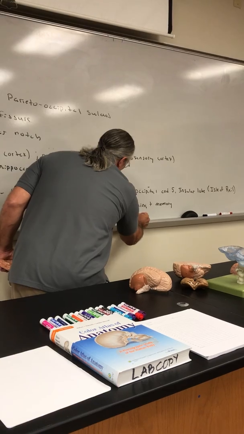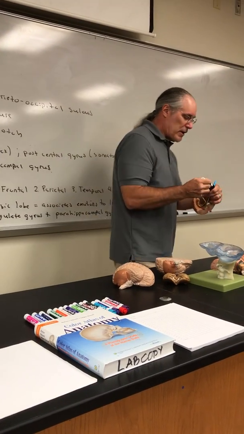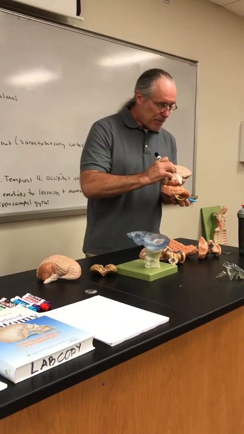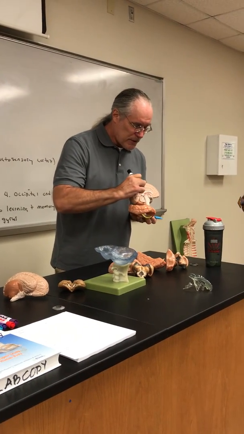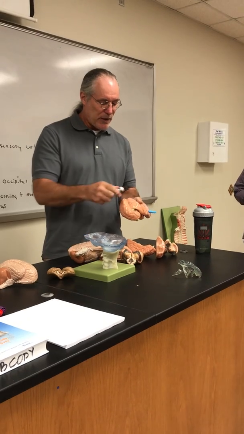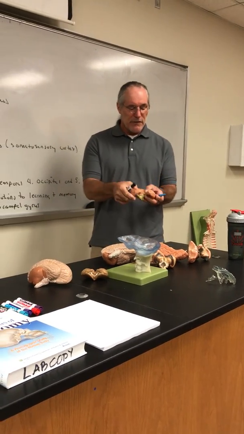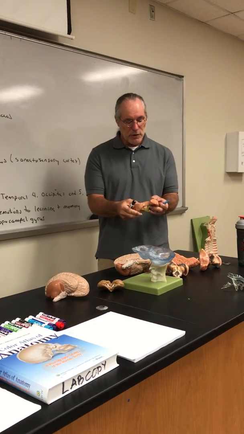Cingulate gyrus plus the parahippocampal gyrus forms the limbic lobe. Okay, so here's your cingulate gyrus up above the corpus callosum. This gyrus, along with the parahippocampal gyrus, makes up the limbic lobe of your brain, which is a functional lobe, tying your emotions to your learning and memory.